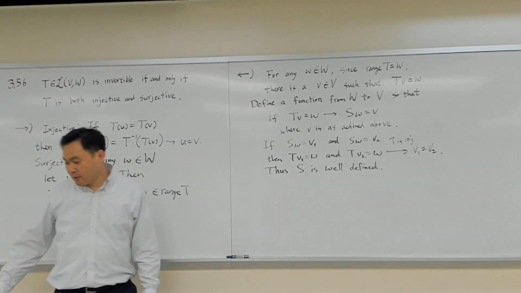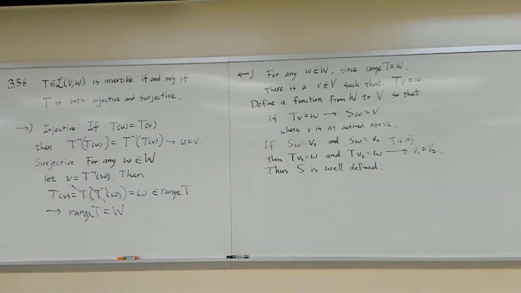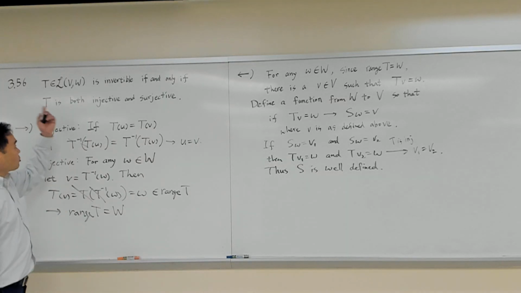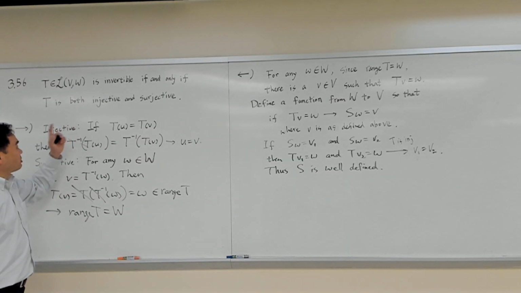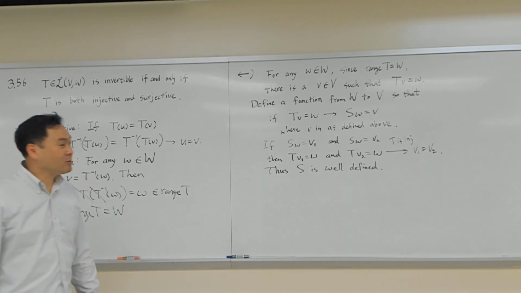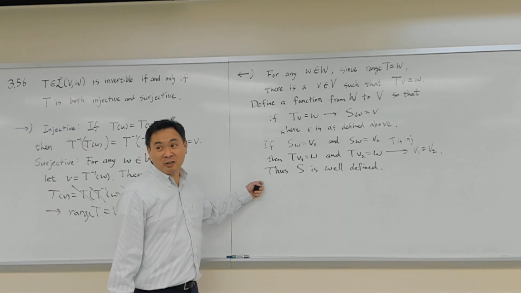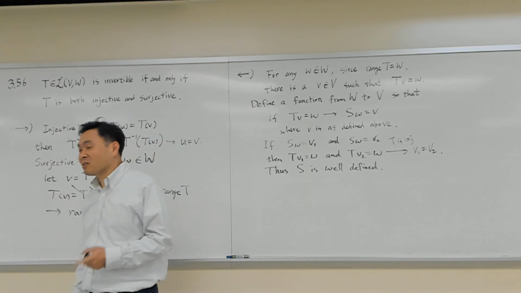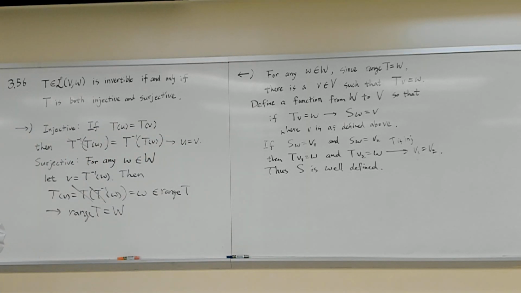Okay. So if this was merely showing that a function is invertible if it's both injective and surjective, this is all you have to write. However, here we have to show something more. Who can tell me what else we need to show?